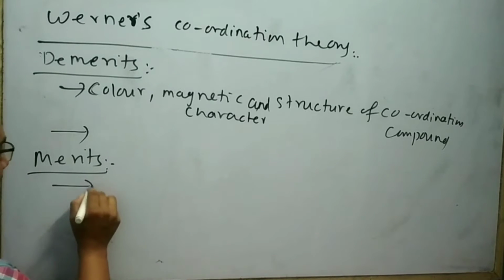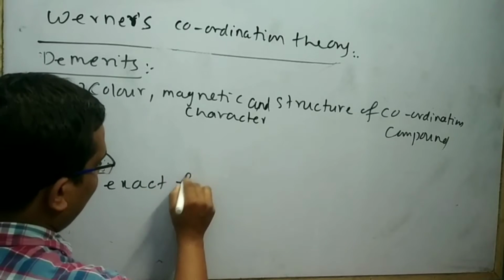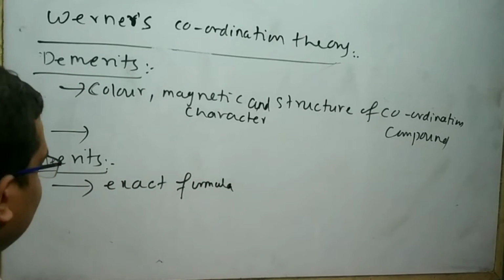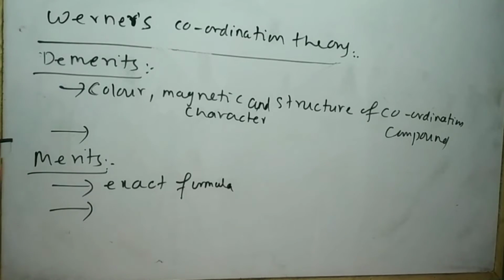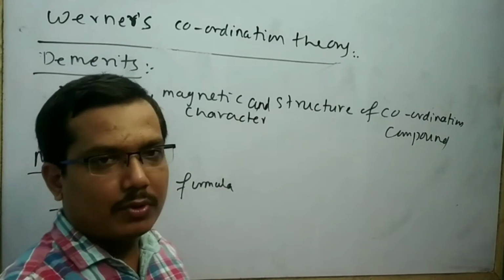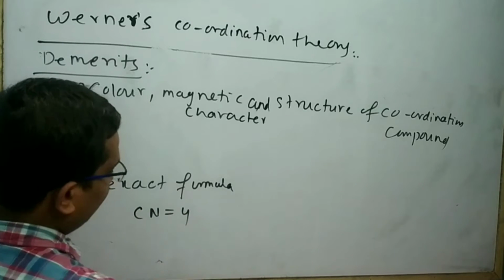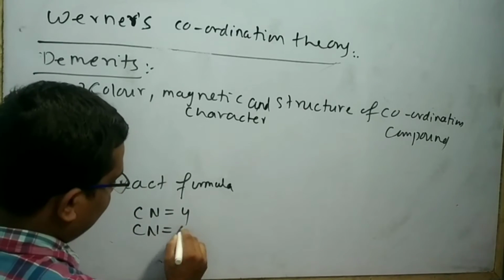Next I will discuss the merits of Werner's theory. It gives the exact formula of a coordination compound. Second point is it explains the structure of coordination compounds having coordination number 4 and coordination number 6.